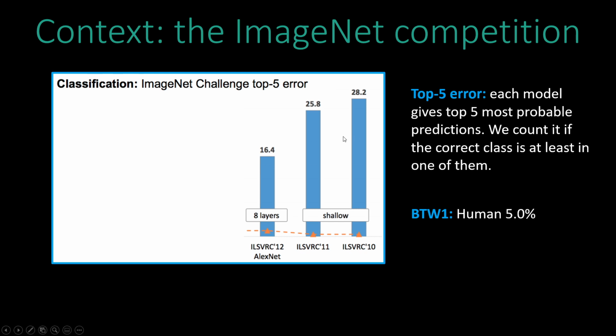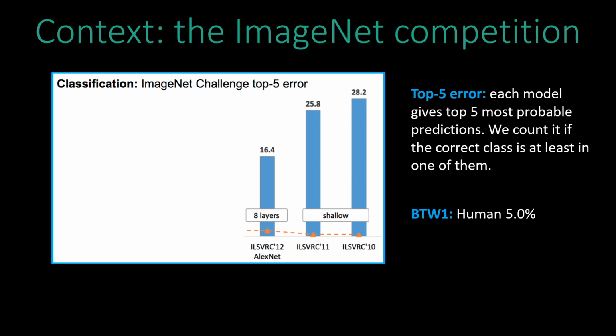That's a correct classification. And so you can see that in 2010 and 11, the previous models were working with about 25% error.